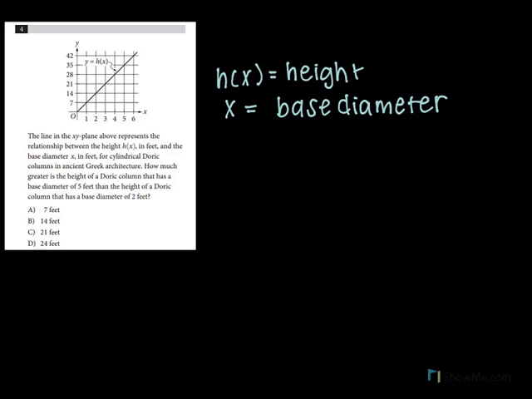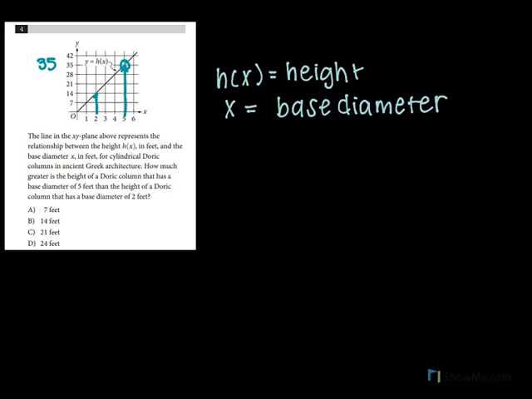So let's check the one with the Doric column with the base diameter of 5 feet, which is right here. So the height at this point is 35. And let's check for the height of a Doric column that has a base diameter of 2 feet.